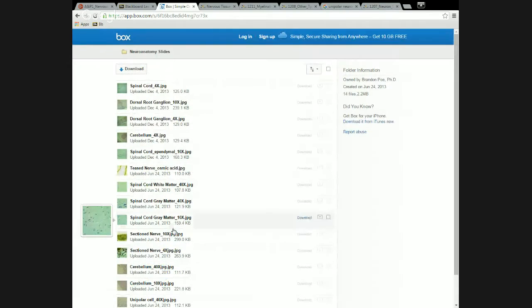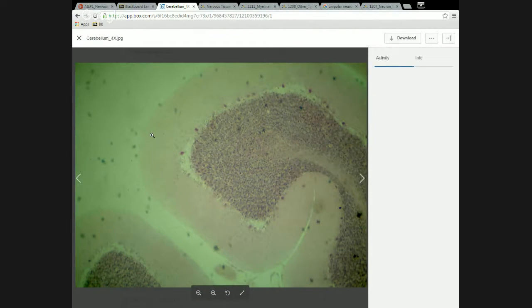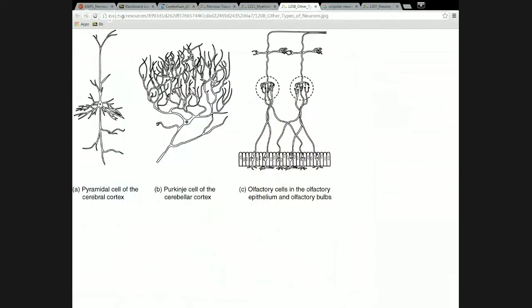Okay. I want to show you another example of a multipolar type cell, and I'm going to use the cerebellum as an example. Now, what I'm about to show you is what's called a Purkinje cell, this middle picture in this picture from the book. Purkinje, which is a horrible mispronunciation of this person's name, he's just an anatomist from the 1800s, I think, 1850, 40, something like that, who was very prolific, which I basically mean had no social life and spent all his time staring through microscopes.